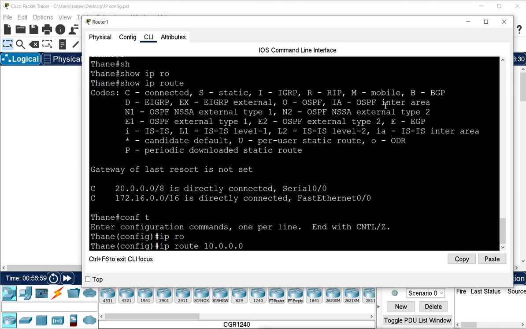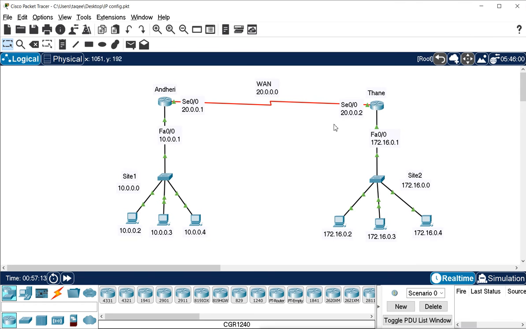Then I will mention the subnet mask. Because I am not having subnetting, I will give the default one of class A. Now again I have to mention the first hop address or forwarding address. So the first hop address for this router will be, like we are sitting on Thane and we want to go to this network here.